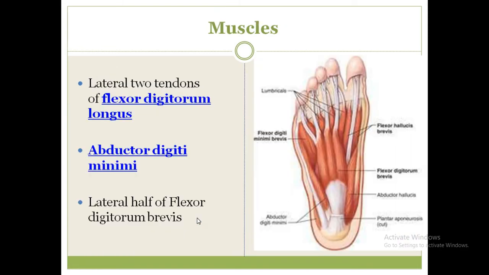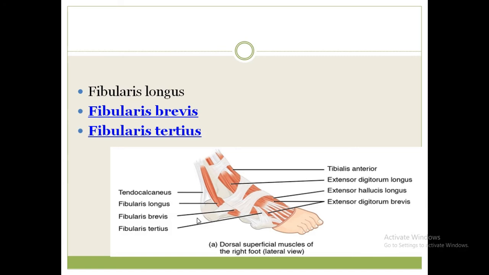Regarding the muscles, we have lateral two tendons of flexor digitorum longus, abductor digiti minimi, lateral half of flexor digitorum brevis, fibularis longus, fibularis brevis, and fibularis tertius.